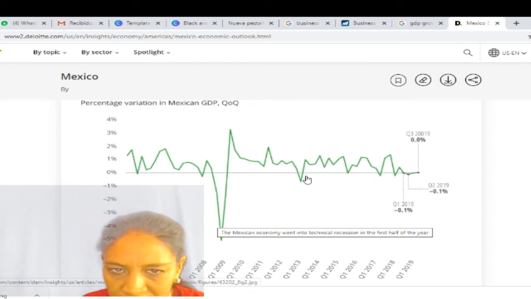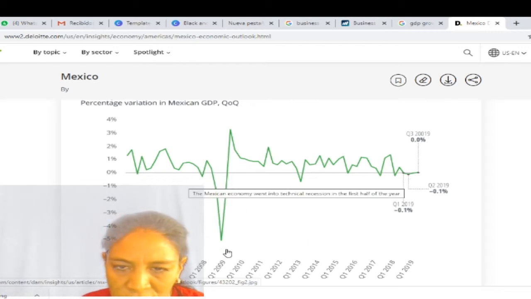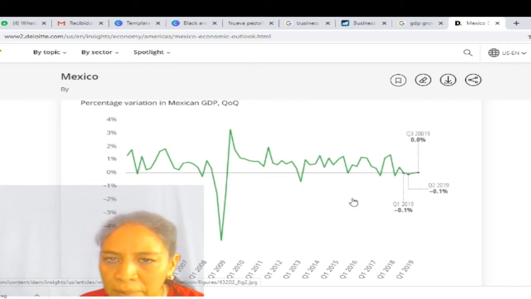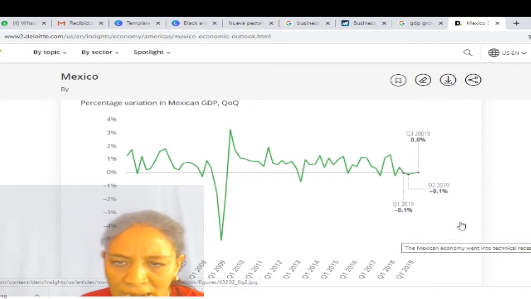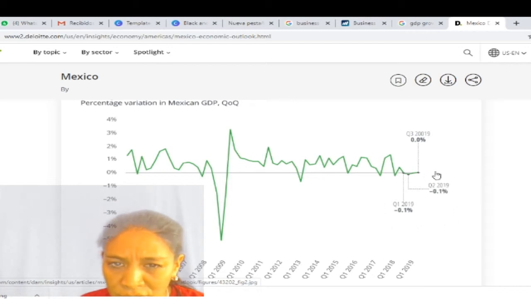Any activity that goes below the average, which is this line here, the equilibrium, the 0% point, that means that the economy is just staying the same, remaining the same, then obviously this is very bad. In 2009, we had a very, very bad year, and now here. We never want a negative percentage, because that means the economy is contracting. We don't want the economy to contract.